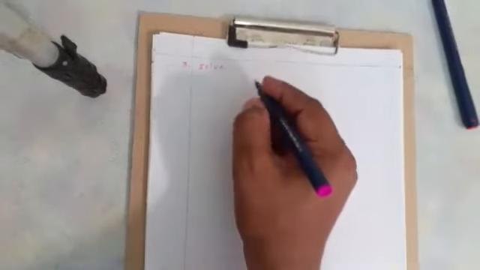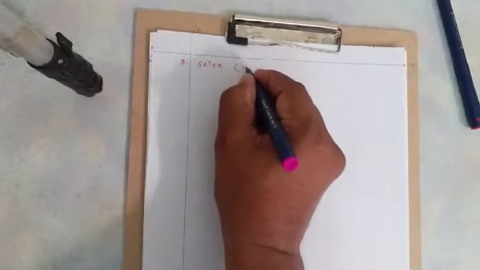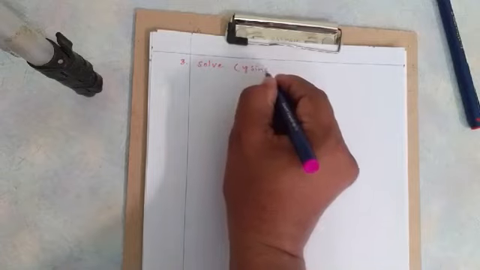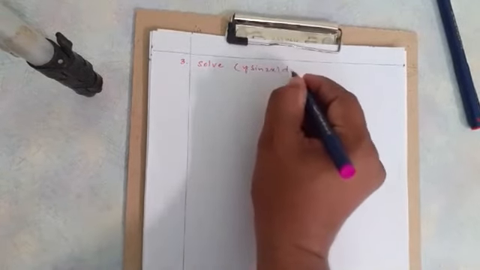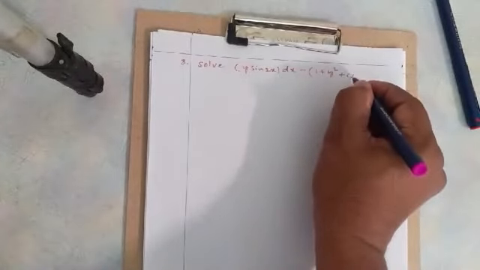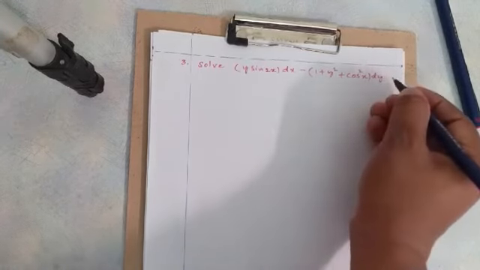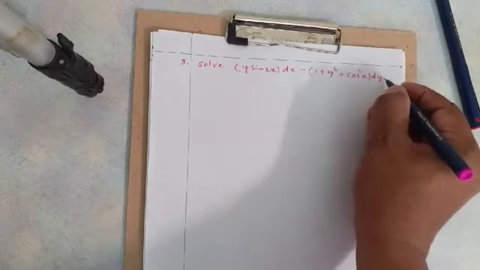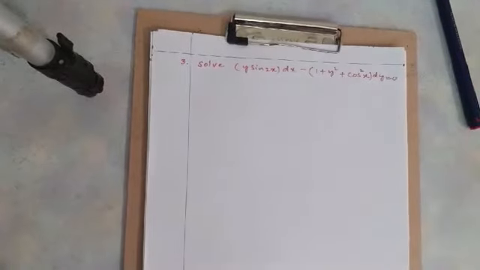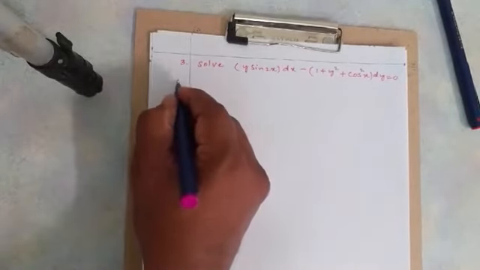So the third question is, solve y sine 2x dx minus 1 plus y square plus cos square x into dy is equal to 0. Now let us write the solution.